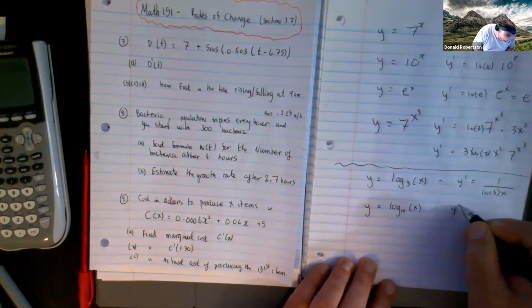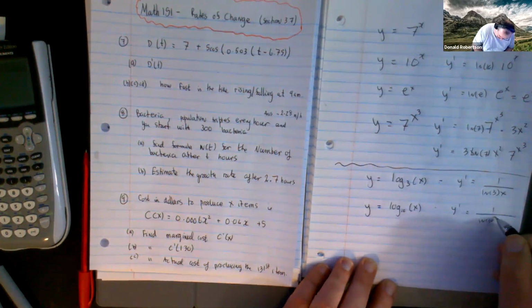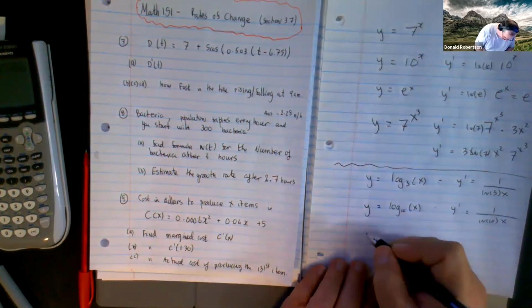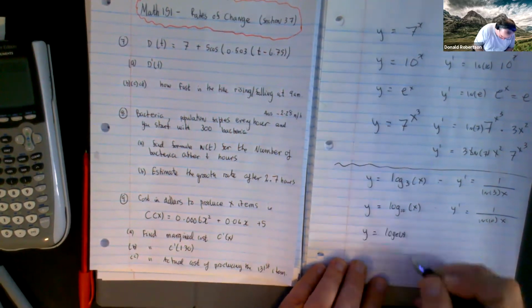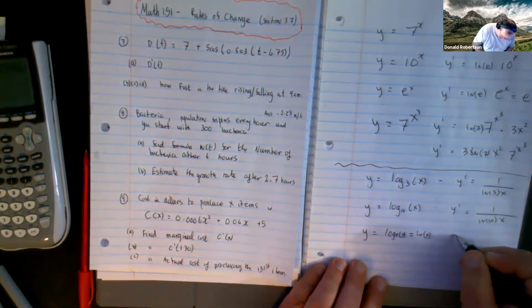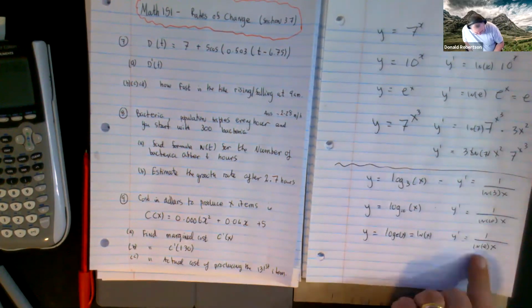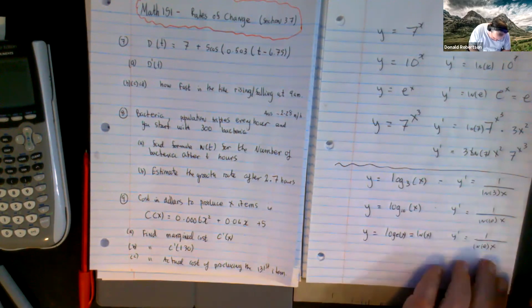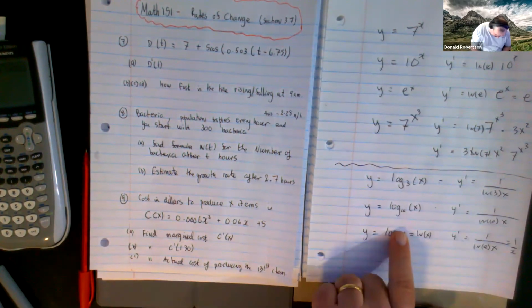Its derivative is 1 over the natural log of 10 times x. And if you want to do log to the base e of x, which is also called ln of x, then its derivative is 1 over the natural log of e times x. But since the natural log of e is 1, you get 1 over x, and that's the one that we already know about.